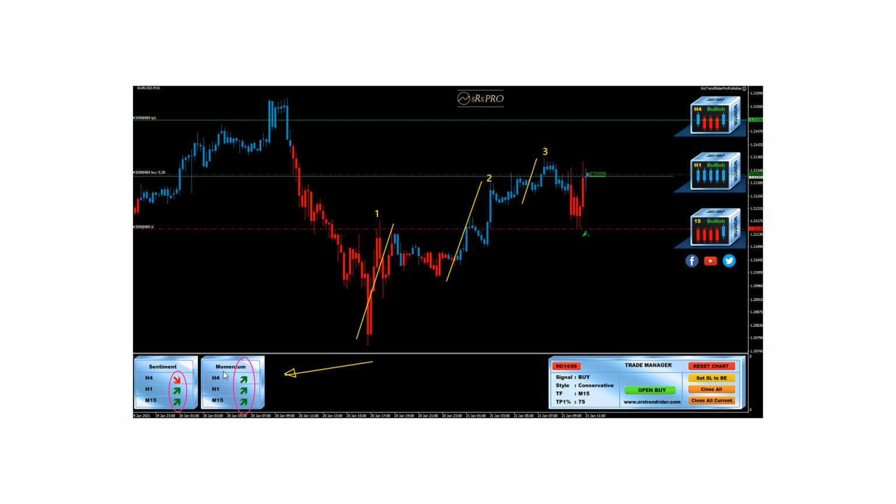But as good as it is, an indicator is still an indicator, and its job is to indicate and not to dictate to the market what to do. So that's where we first get the touch that something is going on. The momentum is clearly bullish here around all the time frames, on the current one I'm working with, which is the 15 minutes, and both higher time frames. Checking the sentiments, it also changes to bullish.